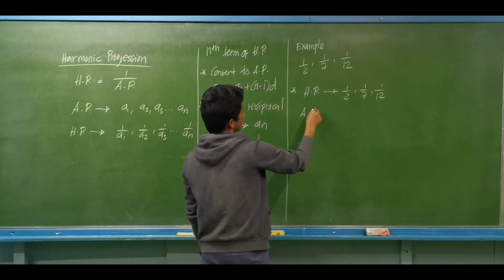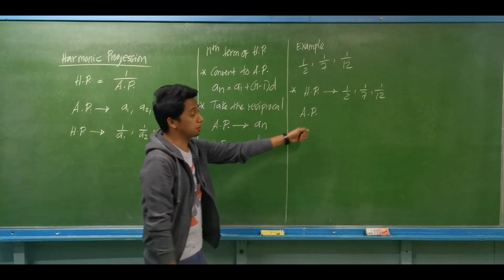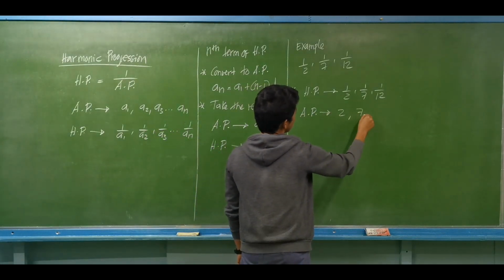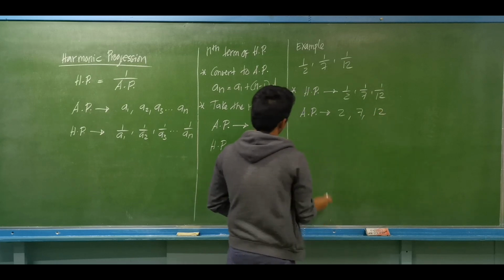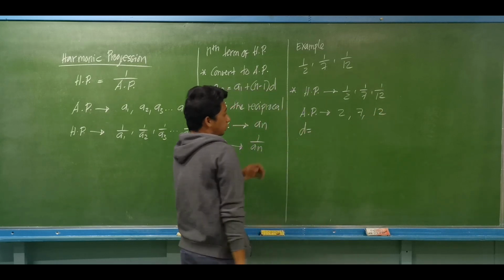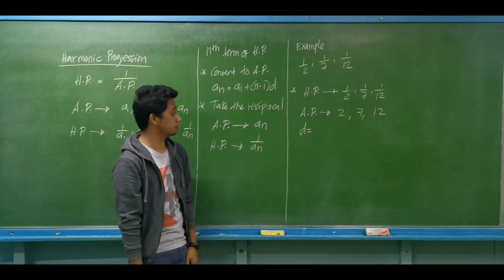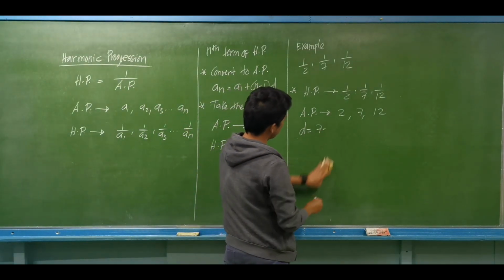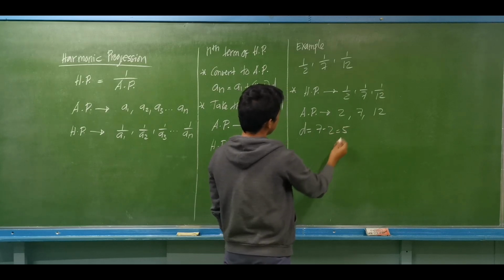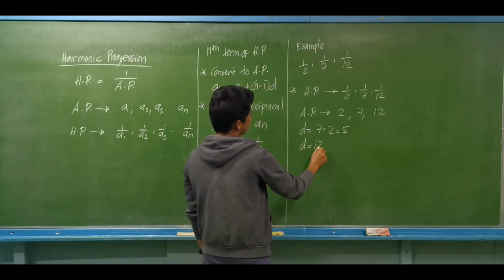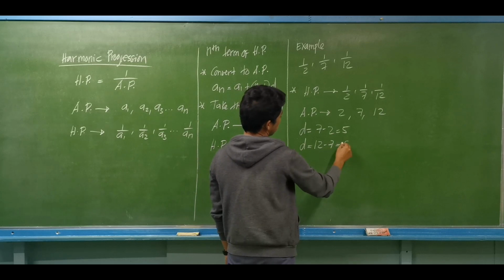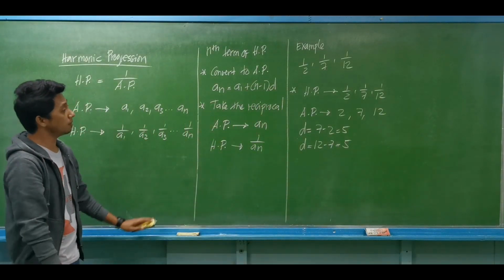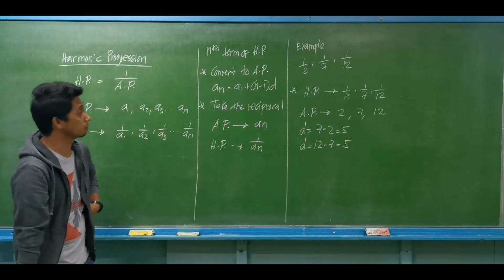Converting the terms to arithmetic progression, we have 2, 7, and 12. Let us check if we have a common difference. 7 minus 2 is equal to 5, and 12 minus 7 is also equal to 5. Therefore, we have a common difference. This is an arithmetic progression.